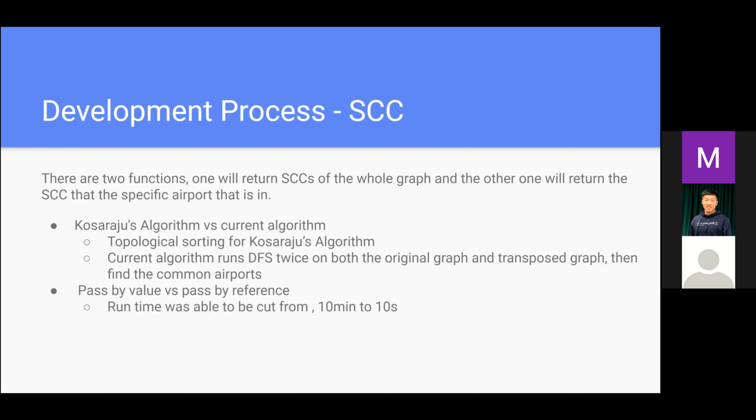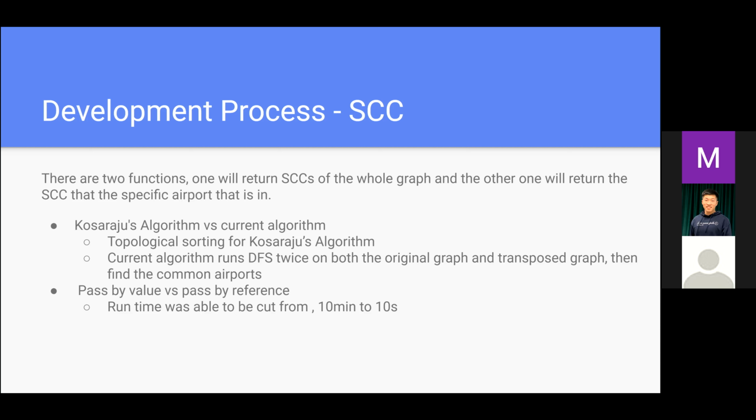Then we find the intersection of the two generated sets of strings, which are the airports in a strongly connected component. We have two main implementations for strongly connected components. The first one is to find the strongly connected component that contains a specific airport given as an input. And the second one is to find all the strongly connected components in the graph.